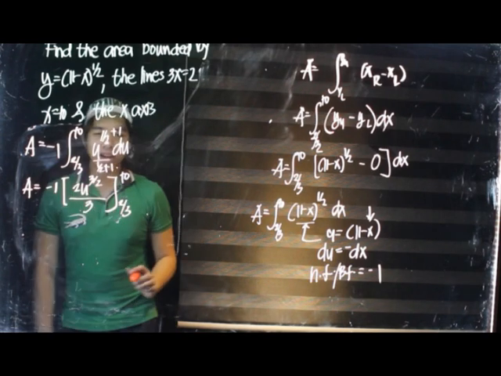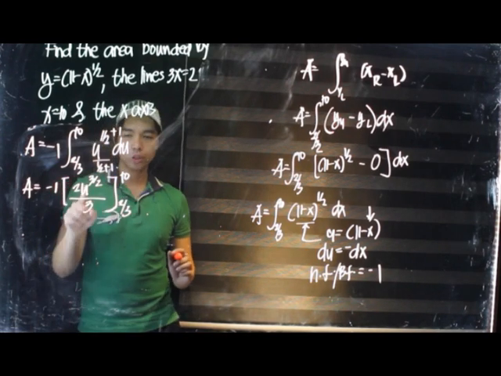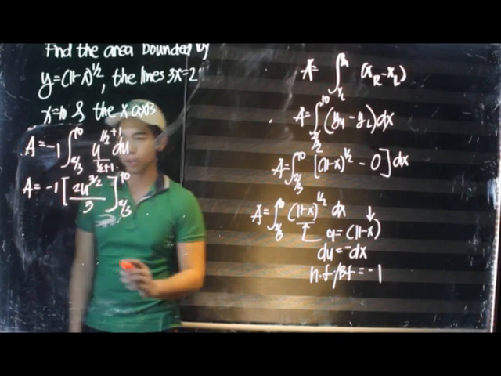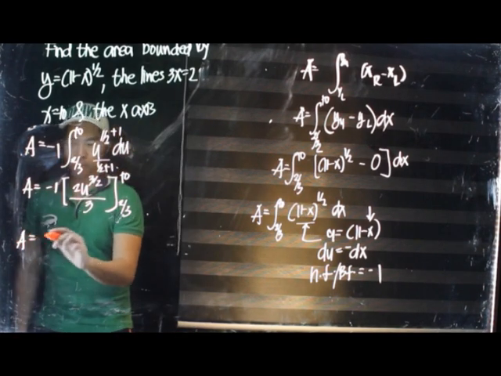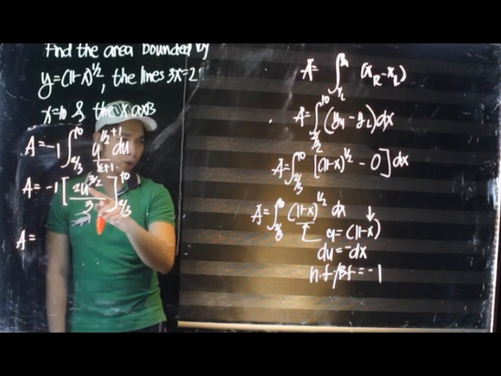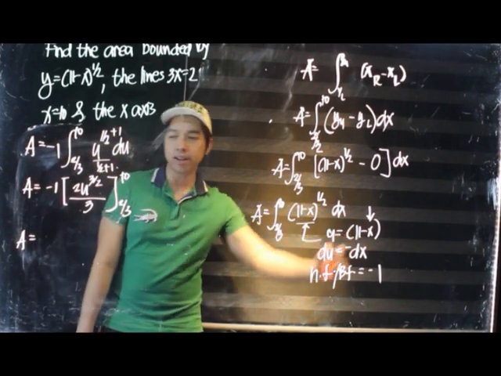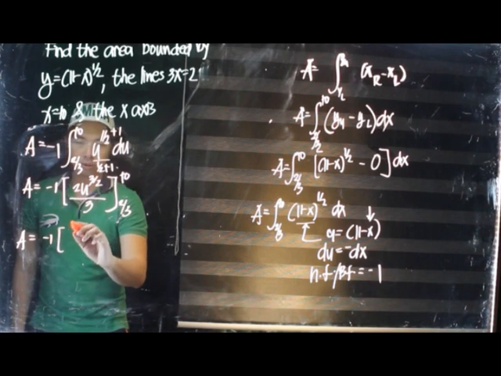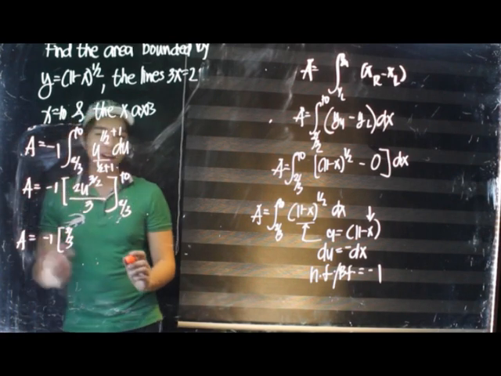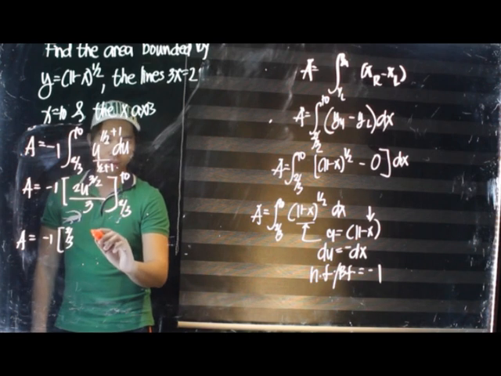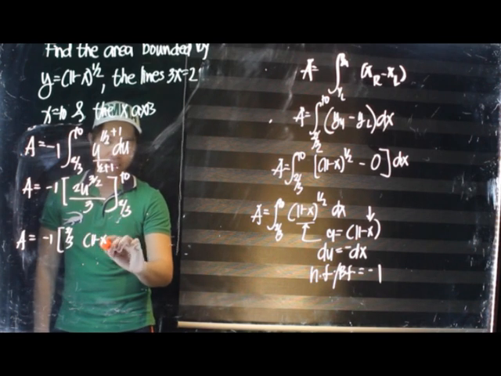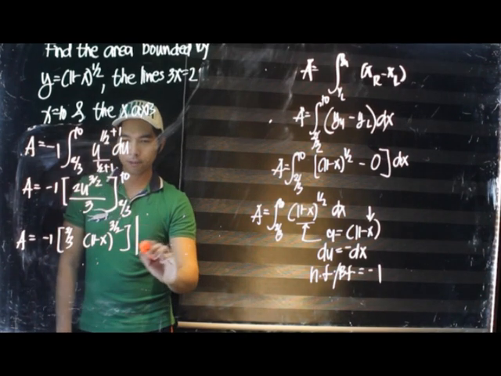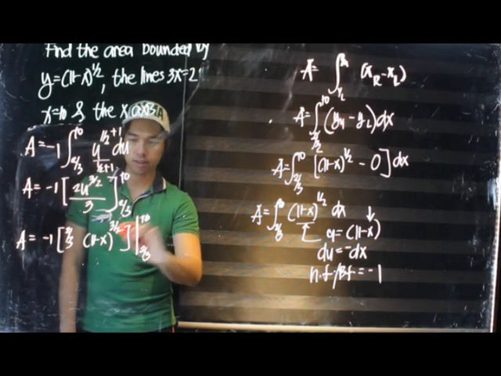We cannot yet substitute 10 and 2/3 over here and evaluate the definite integral. So the area would then be equal to, substituting back our u, 11 minus x. So that would be -1 quantity 2/3, we can factor it out, our u, which is 11 minus x raised to 3/2, running from 2/3 to 10.